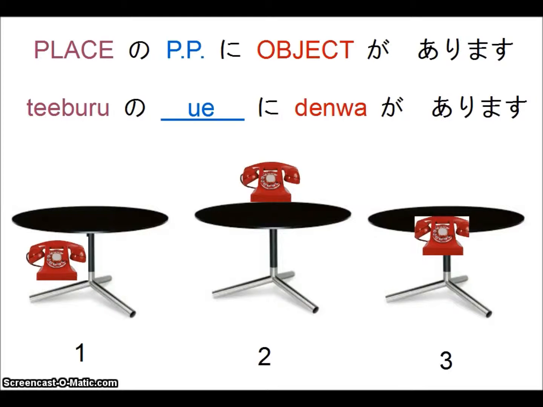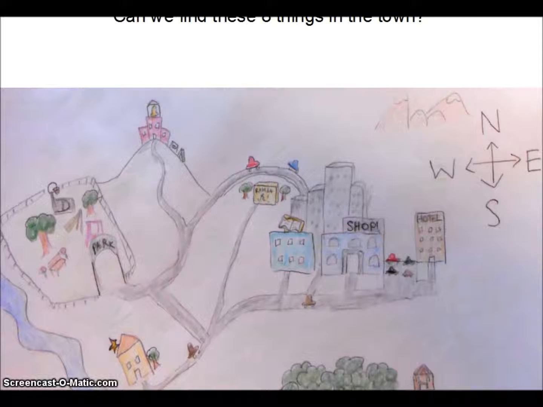That would be teiburu no ue ni denwa ga arimasu. And for number 3, that would be teiburu no mae ni denwa ga arimasu. Mae means in front. So this is why it's really important to know your vocabulary, or else you won't be able to answer these kinds of questions.